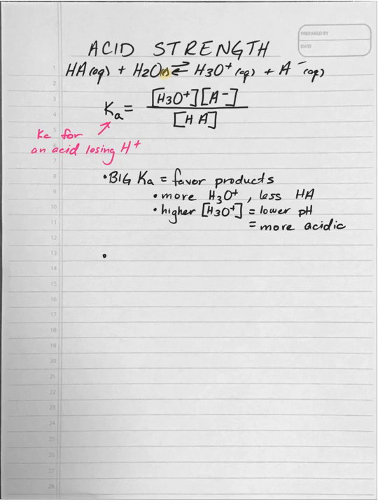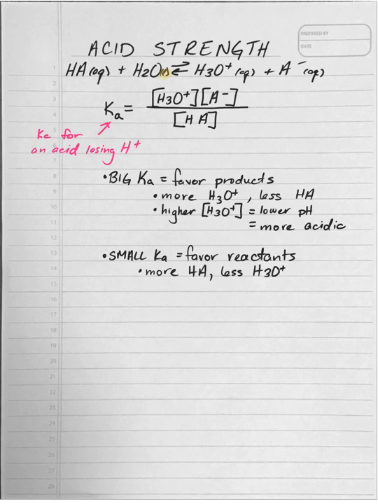A small Ka is going to favor the reactants. That's going to mean that there's more HA and less H3O+.